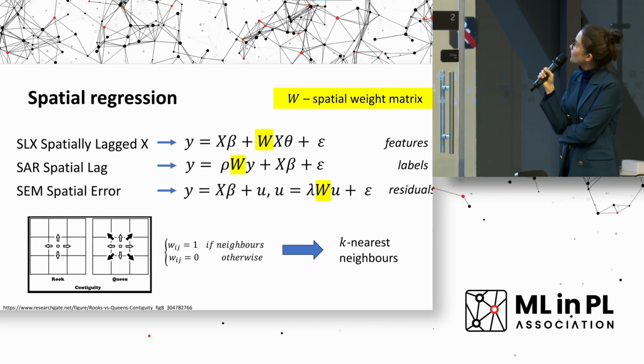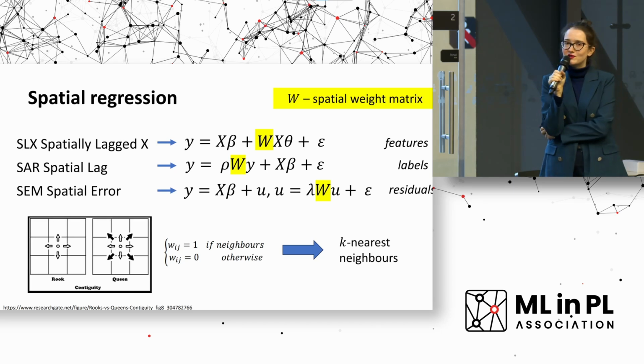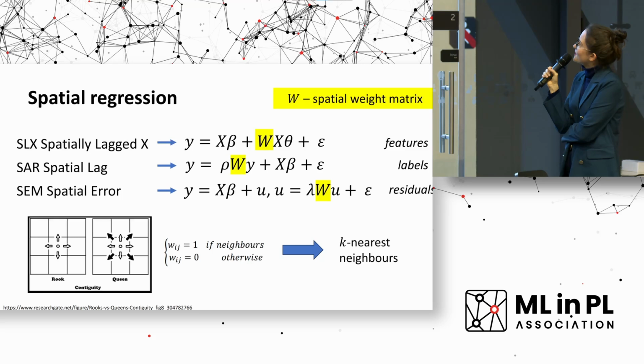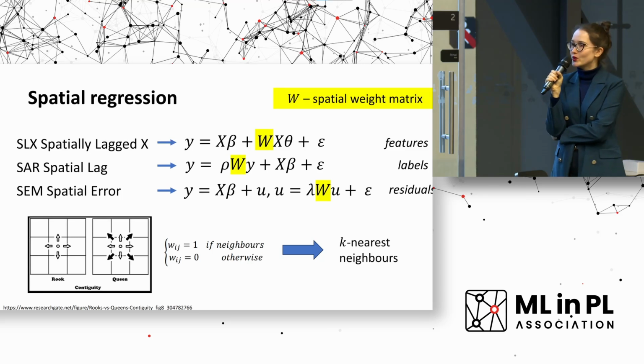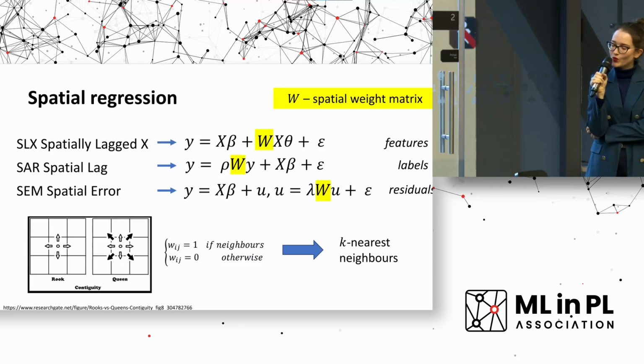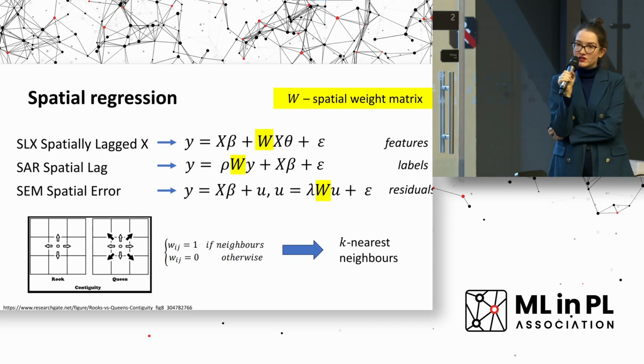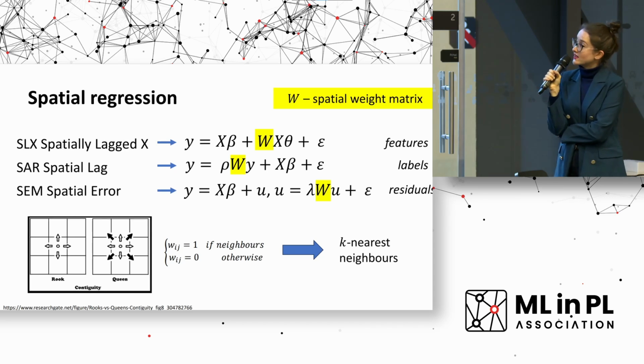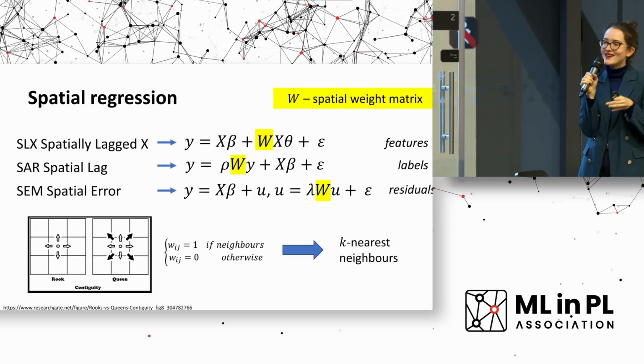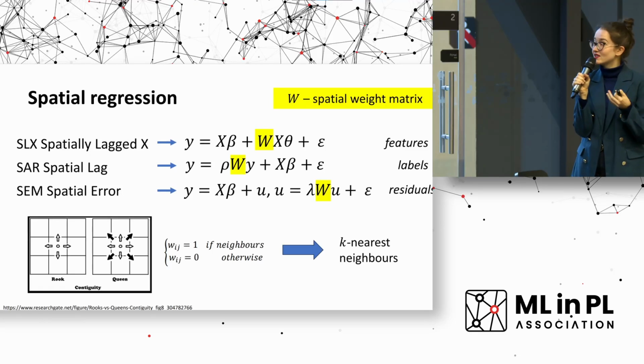But first, let's focus on what this matrix actually is. We can think of it as a sparse matrix, so it's full of zeros, and there are some ones. Where we put these ones is determined by analyzing where the neighboring patches are. In the most trivial scenario, we take into account only the adjacent patches.